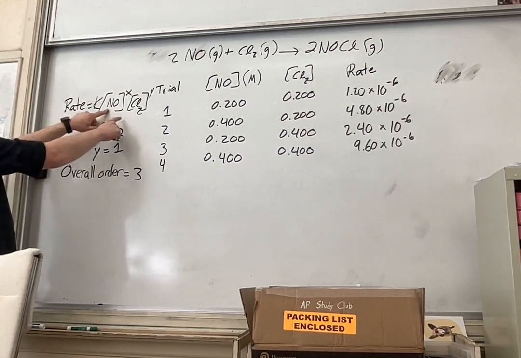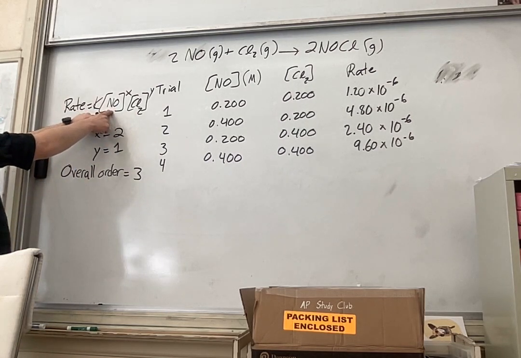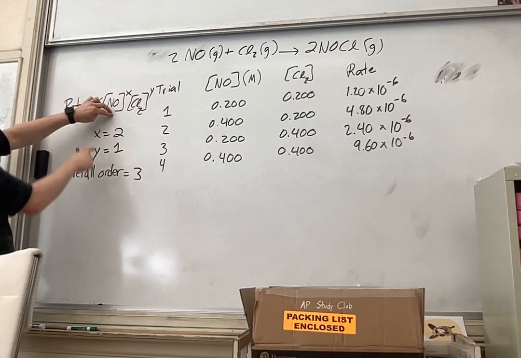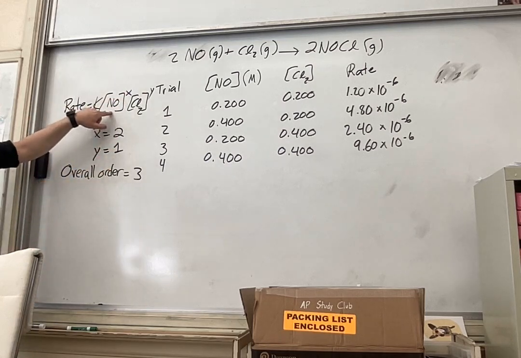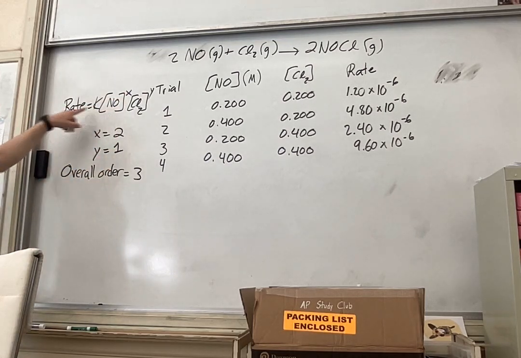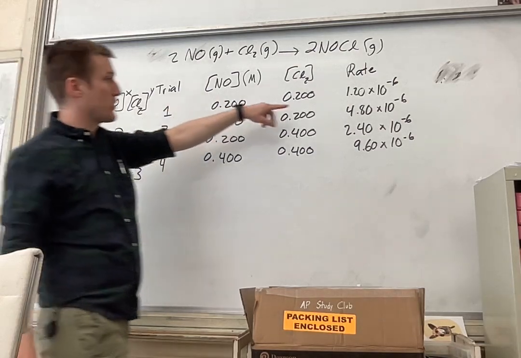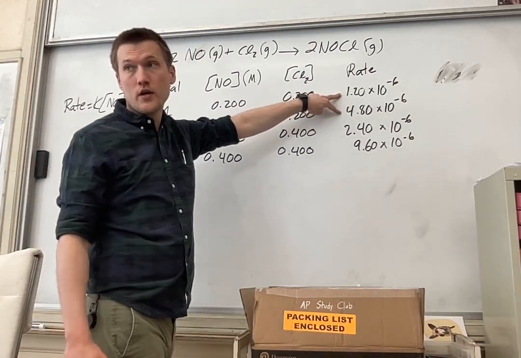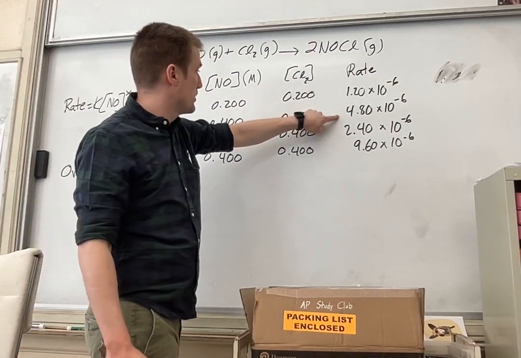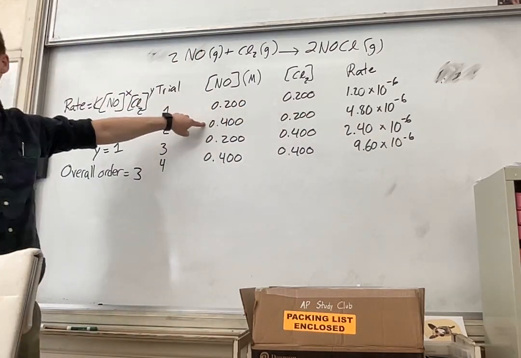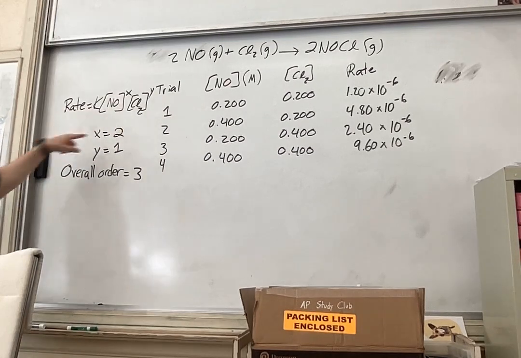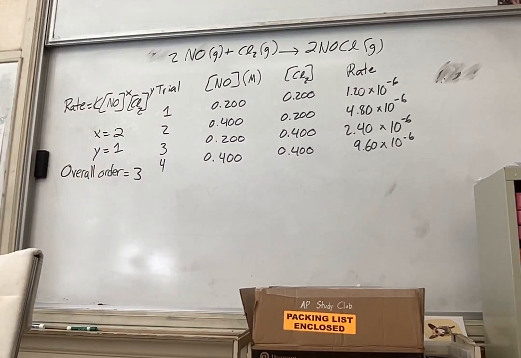If I double the concentration of NO, so I multiply this number by 2, then if I square that, the whole equation is being multiplied by 4, by 2 squared. From my rate data, comparing these two, I knew the rate quadrupled when this concentration was the same but this one doubled. So that's telling me that x has to be 2, the exponent.